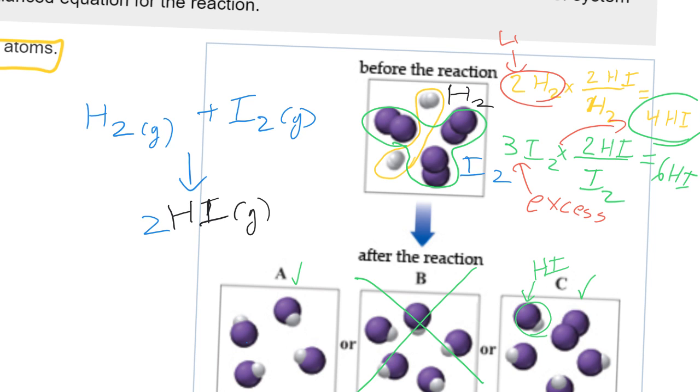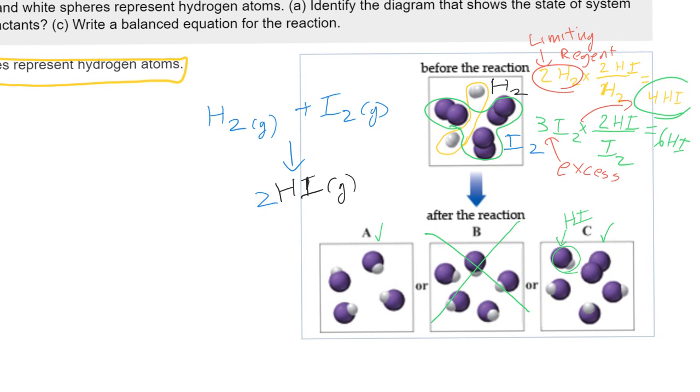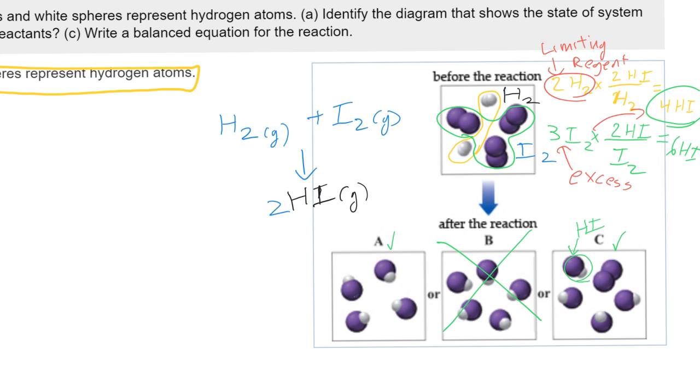So that's our limiting reagent. So we have excess iodine. So how much excess iodine do we have? Well, if we have enough hydrogen to produce 4 hydrogen iodides, then 4 hydrogen iodides would require us to use how many iodines? Well, according to my chemical equation, for every 2 hydrogen iodides, I need 1 iodine.